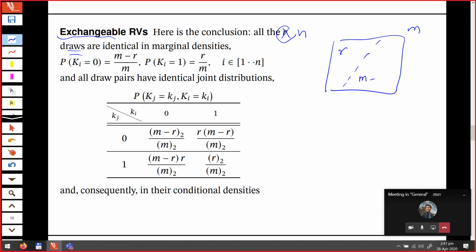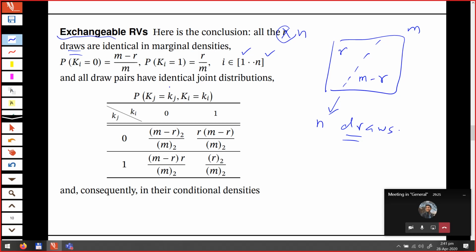The other subset has M minus R elements, and I draw N objects. I have N draws. All these N draws, it's actually because of that old notation that I forgot to fix this. Here I got it right: the ith draw means that I can take any value from 1 to N.